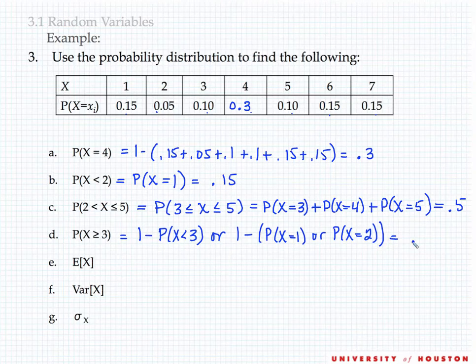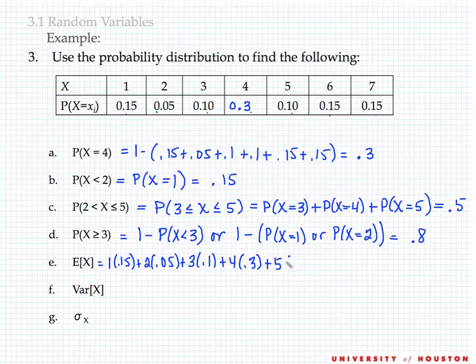And that leaves me with 1 minus 0.2, which will be 0.8. The expected value for x will be 1 times 0.15 plus 2 times 0.05 plus 3 times 0.1, 4 times 0.3, 5 times 0.1, 6 times 0.15 plus 7 times 0.15, and that comes out to be 4.2.